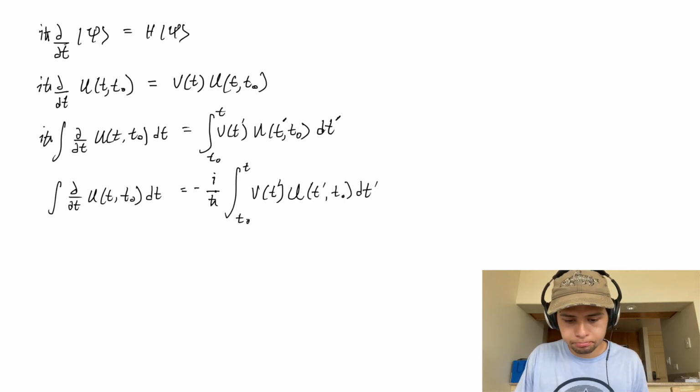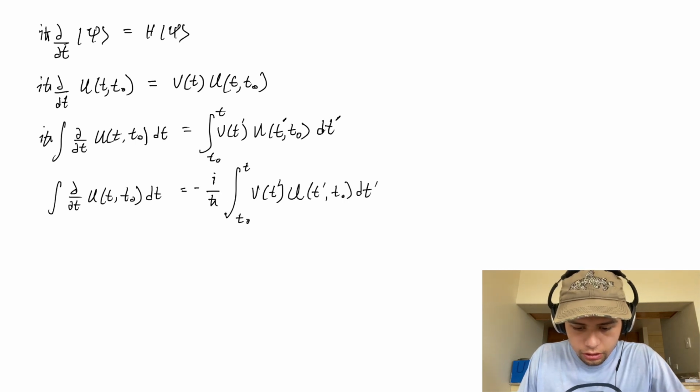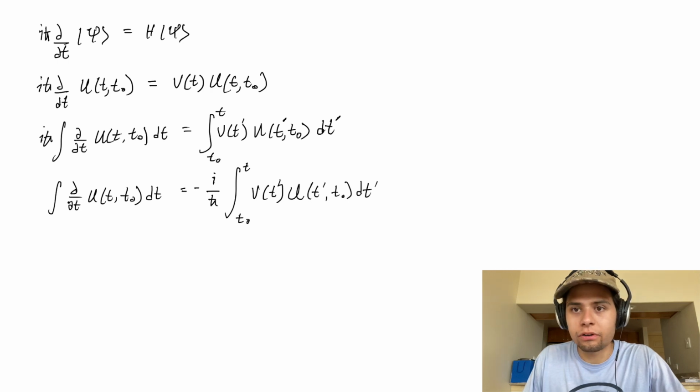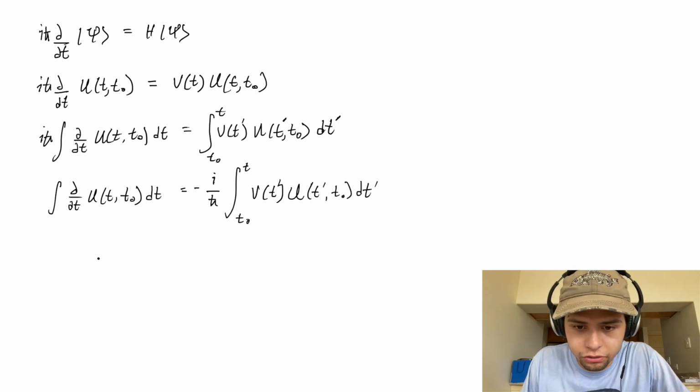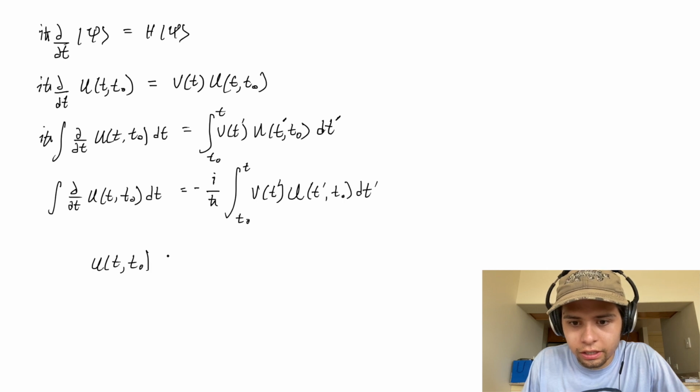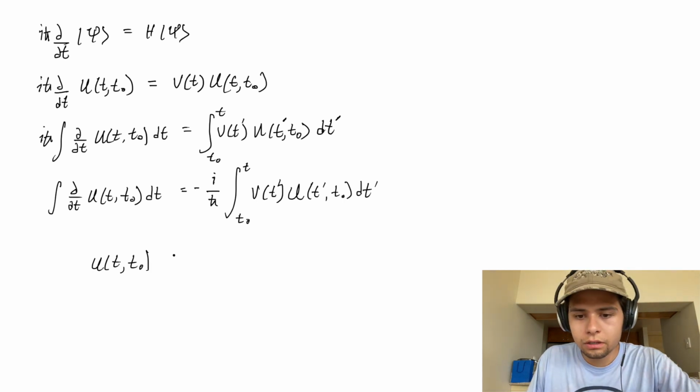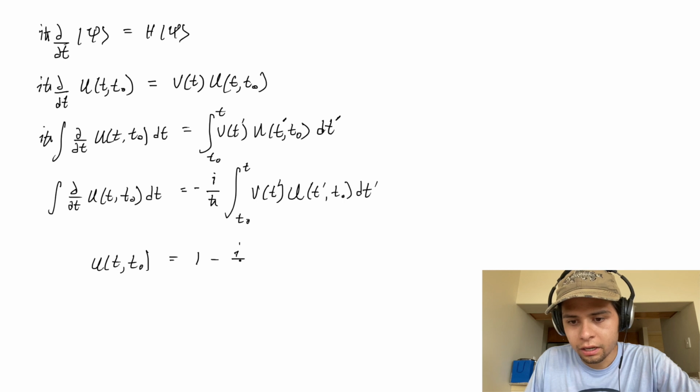And so now this here, the integral of a derivative, or the derivative of an integral, is just u. So this here is u of t naught. Okay, and we have to do this now. So we have to say 1 minus i, and then this whole thing over again.